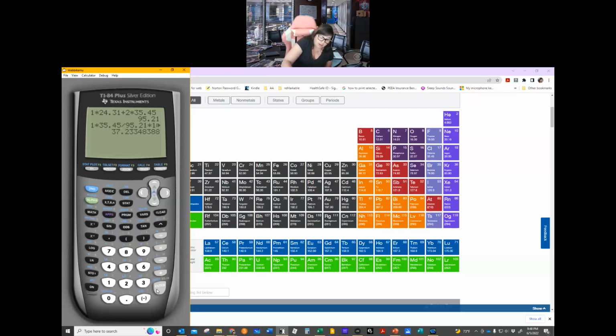I can do percent Cl, and I have 2 times 35.45 grams per mole, divided by the 95.21 grams times 100. So 2 times 35.45 divided by 95.21 times 100 is 74%.